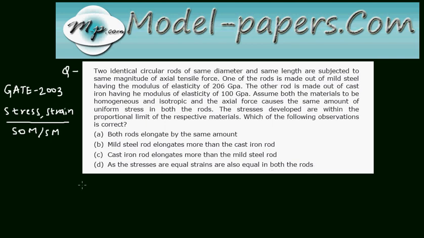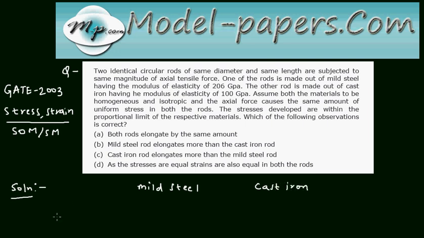Let us solve this problem. This is very beautiful problem and simple problem. And here in this problem, two rods are given. Let's say mild steel and another one is cast iron.